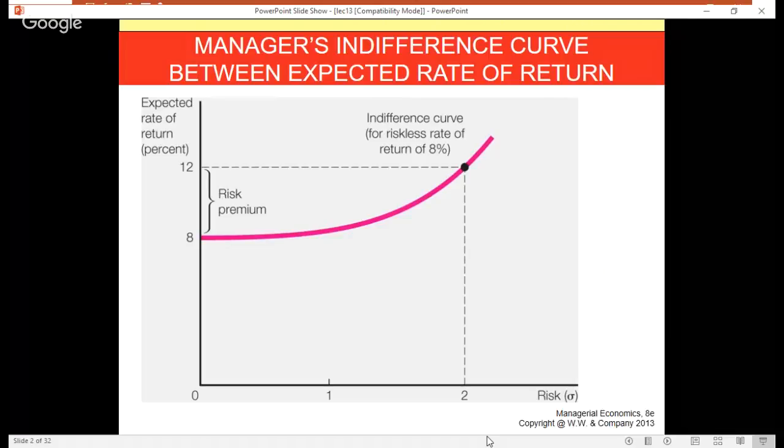So you can take the bond with zero risk and 8%. As the risk gets higher, your risk premium increases. When it gets to two standard deviations, I expect a 12% return on that bond. So the risk premium a year would be 4, the difference between 12 and 8.